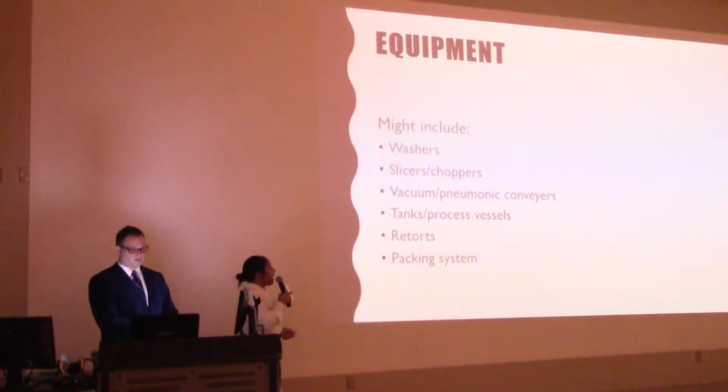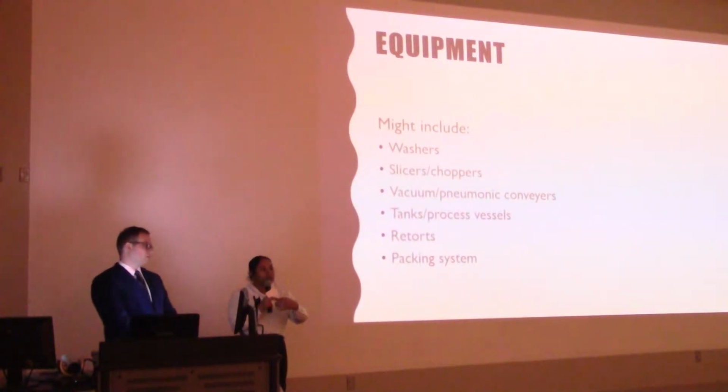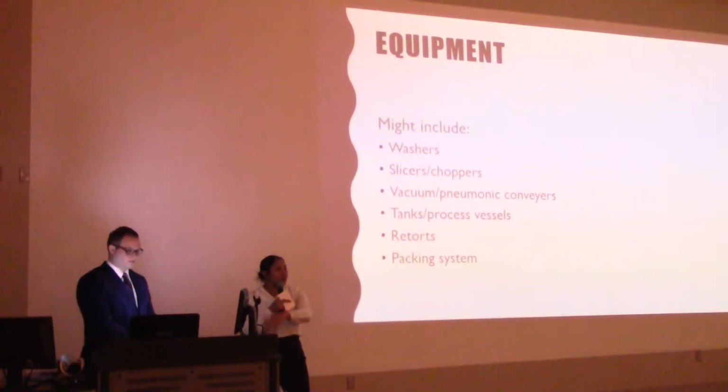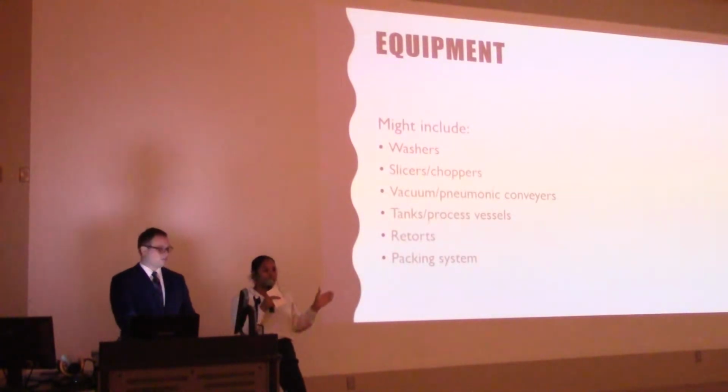Then you have the vacuum or pneumatic conveyors, and it's basically a pipe that utilizes air, that's the suction, that takes the jam or the mixture from one part of the actual machine to another, which will go to the tanks or the processing vessel, which is basically like a big bowl.